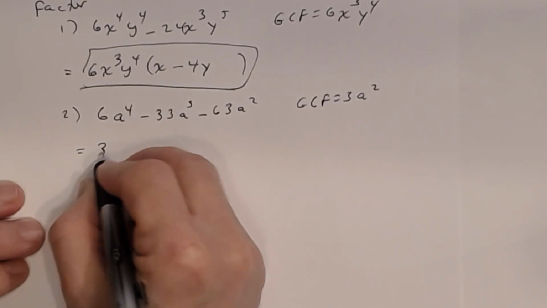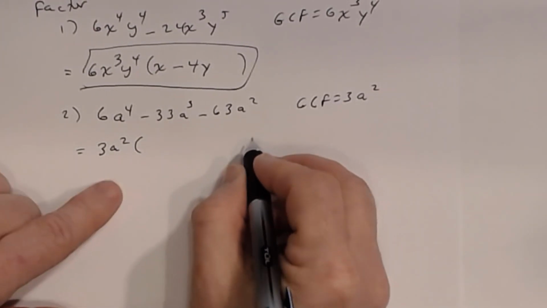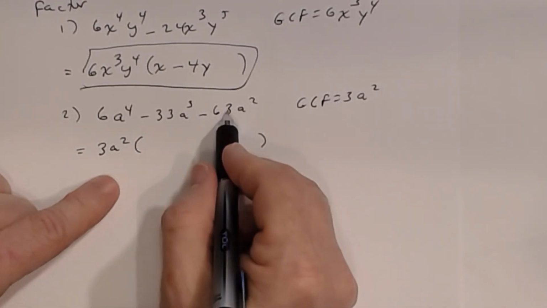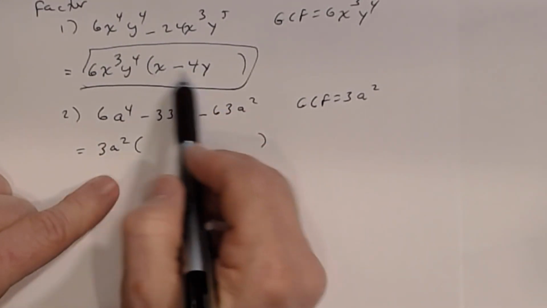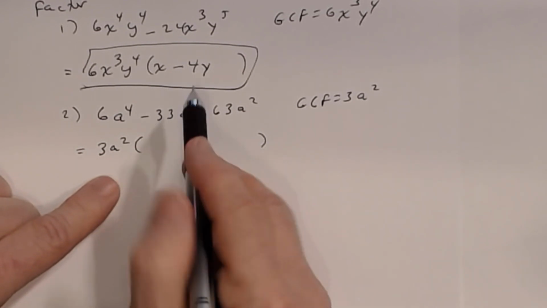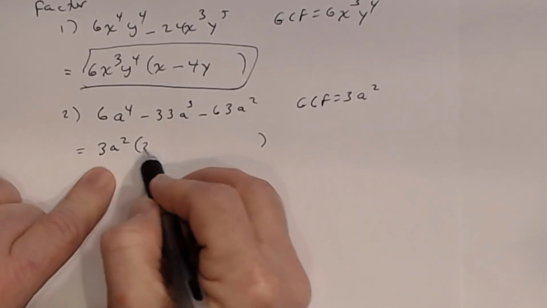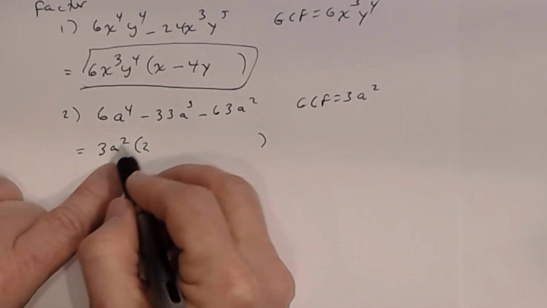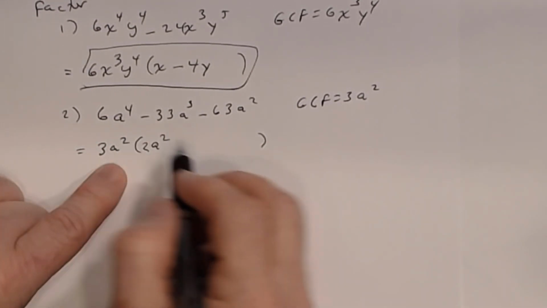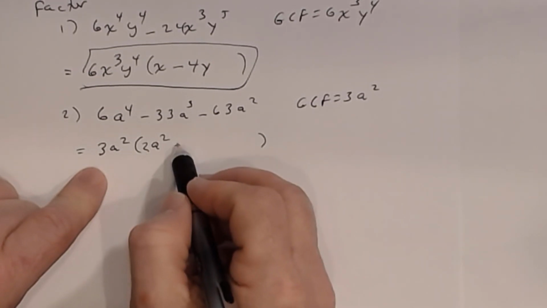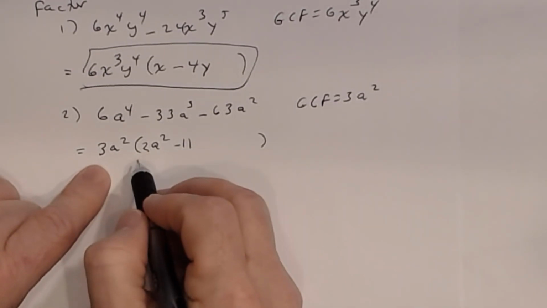So that's your GCF. So now I'm going to factor out that GCF. So I'm going to say 3a squared times, you see how this is a trinomial? You have 3 terms, so you better have 3 terms here. If you had 2 terms, you better have 2 terms in that parentheses. So 3 times 2 is 6. A squared times a squared is a to the fourth. Minus 3 times 11 is 33.